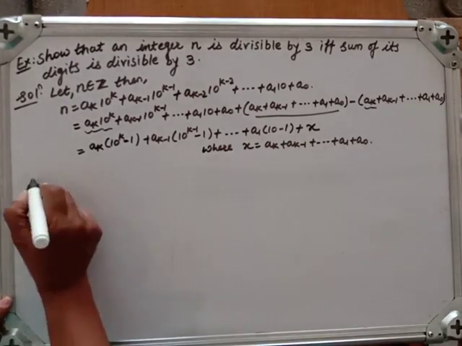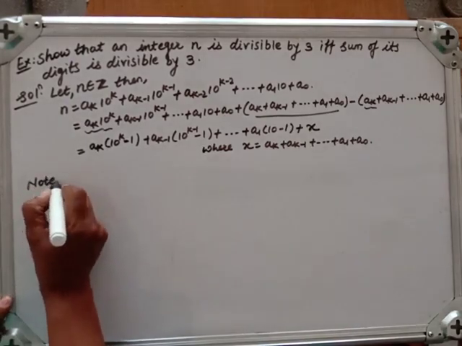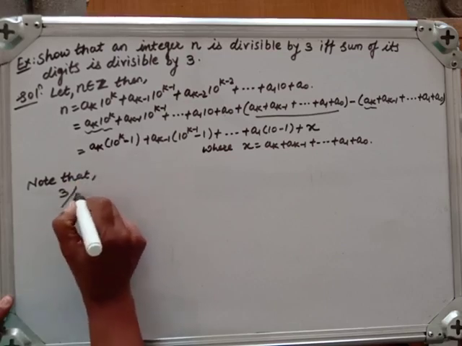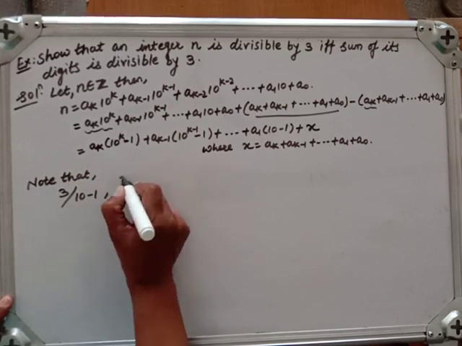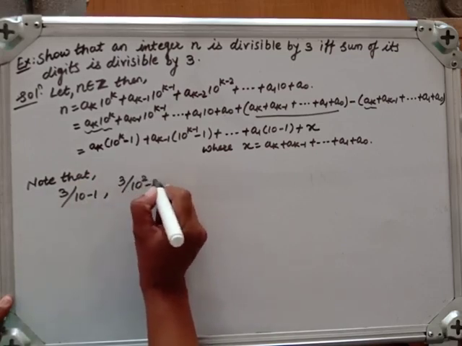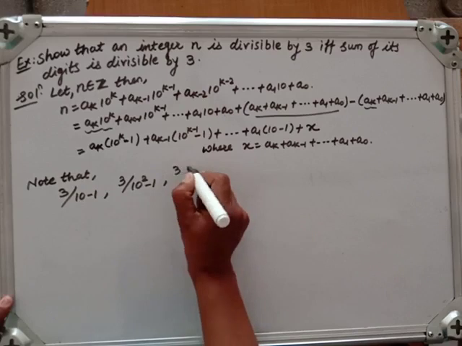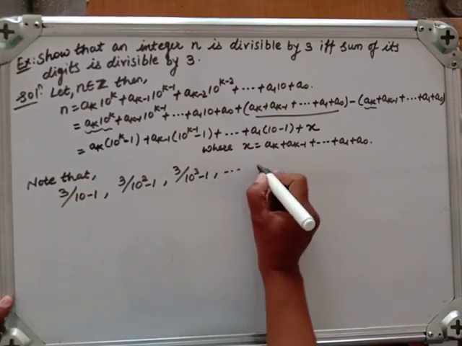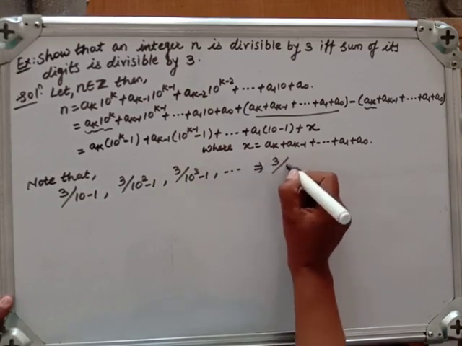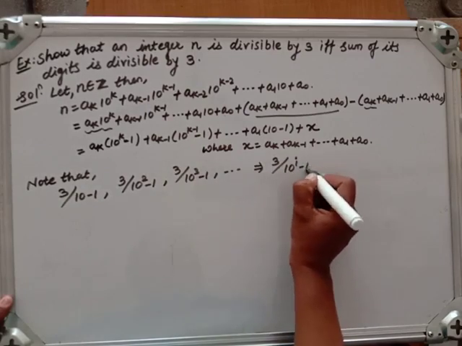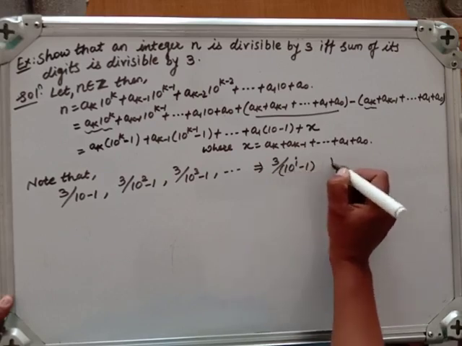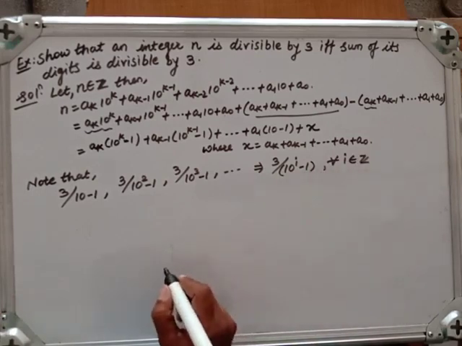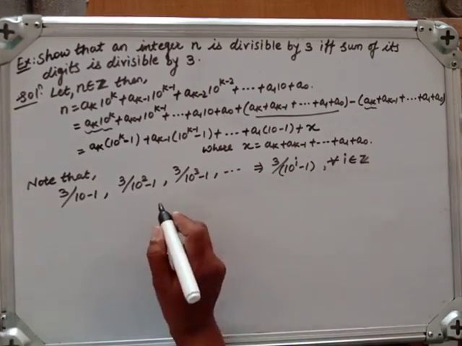Now note that 3 divides 10 minus 1. 3 also divides 10 square minus 1. 3 divides 10 cube minus 1 and so on. So what does this say? 3 divides 10 raised to i minus 1 for all i belongs to the set of integers. Now what does this give?